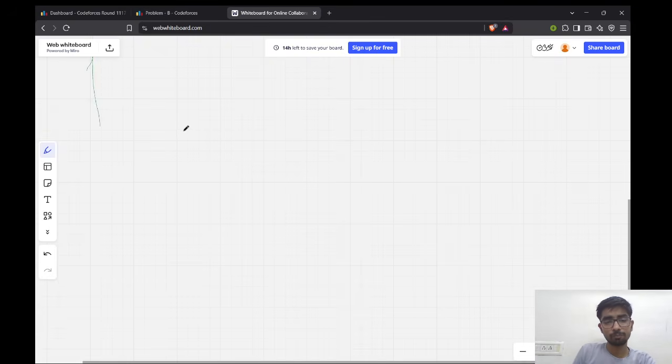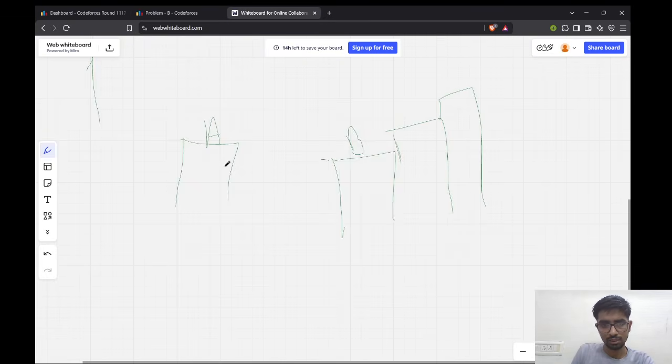So here we are given two players, let's say A and B, and both players are standing on the mountains. Let's say this is the type of mountain on which they are standing.